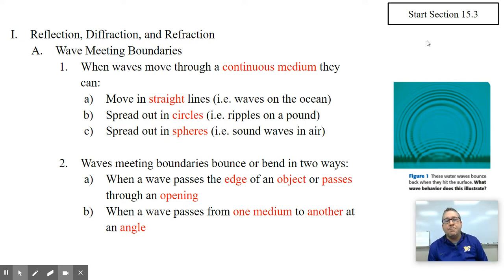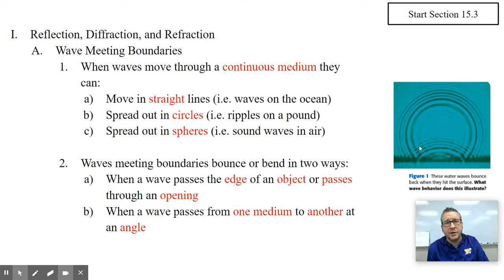When waves meet boundaries, they can bounce or even bend in a couple different ways. They can do this when a wave passes the edge of an object or passes through an opening, much like what we see right here. When they bounce against a wall, they can revert back and head in the opposite direction. In a slide, very shortly, you can see where there's a small opening, and we see water waves go in there and what they do once they enter that small opening.